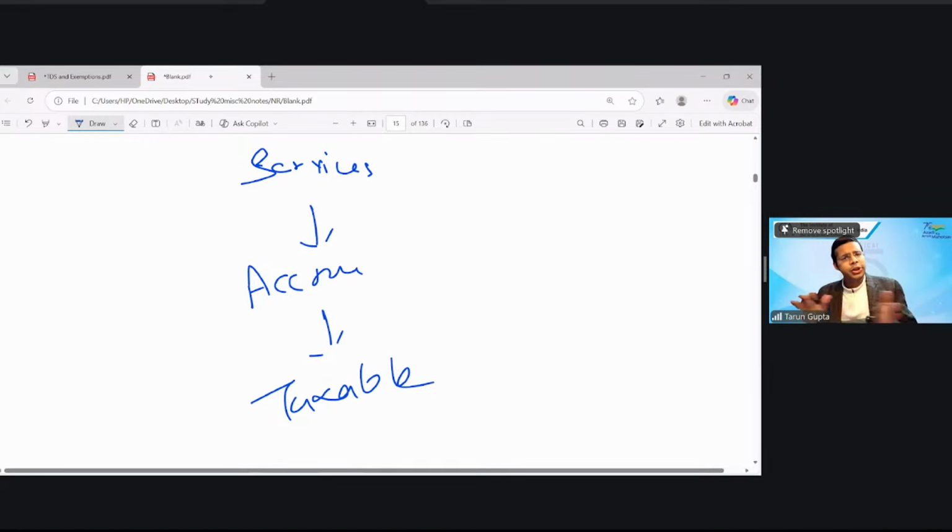It's a complete chain, one follows the other. Since the service was rendered in India, income is deemed to accrue or arise in India. Since the income is deemed to accrue in India, it's taxable in the hands of the non-resident as well. Okay, I think this must have been absorbed by you. We have discussed this many a time.